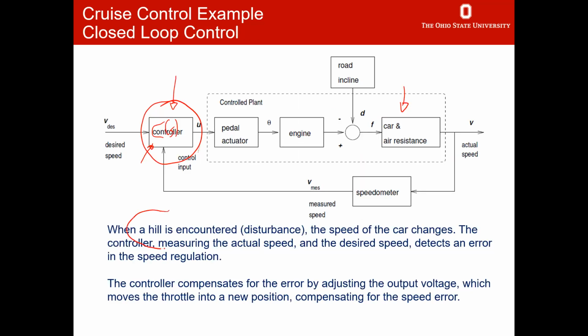And of course, what's a big disturbance when you come on a slope or when there is a lot of wind, etc. That's a disturbance. And of course, it has been shown as such. You have to make sure that your control system can reject that disturbance and follow the desired speed regardless of that disturbance. Okay, so basically this is how it's going to look like.